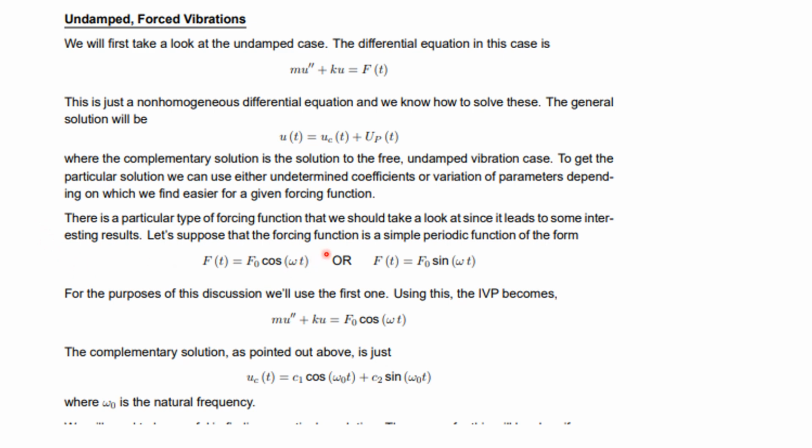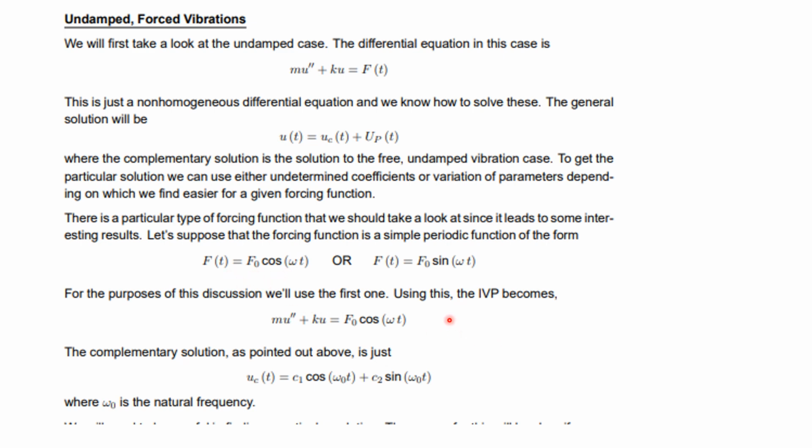Suppose that the forcing function is a simple periodic function of the form capital F of t is equal to capital F0 times cosine of omega t. Now omega, as you know, is a frequency, and we have a natural system frequency, but we're going to say this is either sine or cosine. Now for the purposes of this discussion, let's just use the first one.